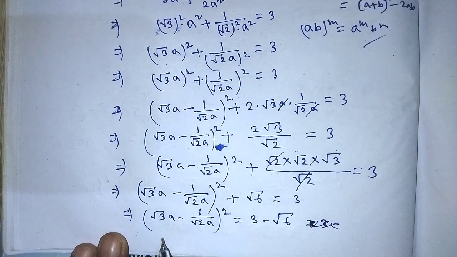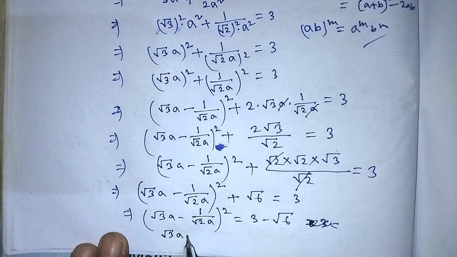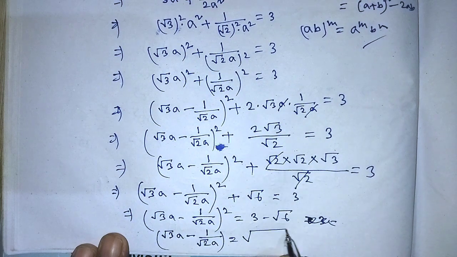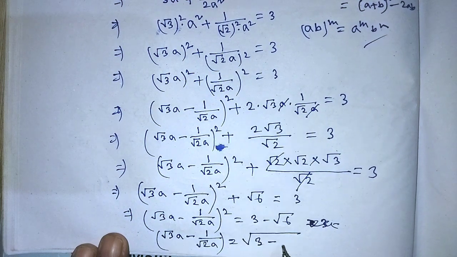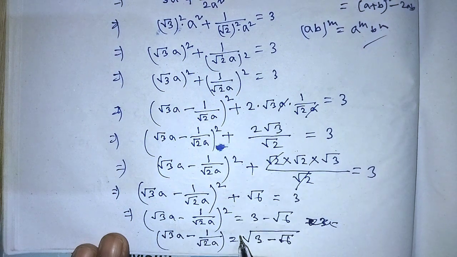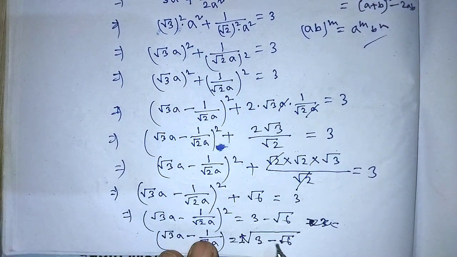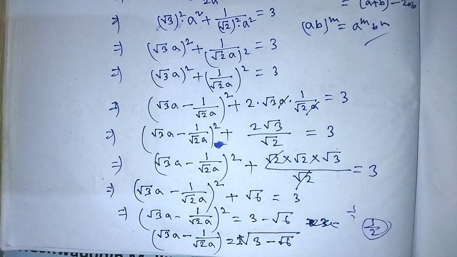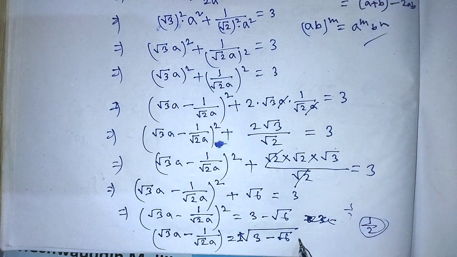After that we write √3a − 1/(√2a) is equal to ±√(3 − √6). This is the value of this algebraic expression. If you transpose the power 2 from the left hand side to the right hand side, we write plus minus root of 3 minus root 6. So this is our final answer.